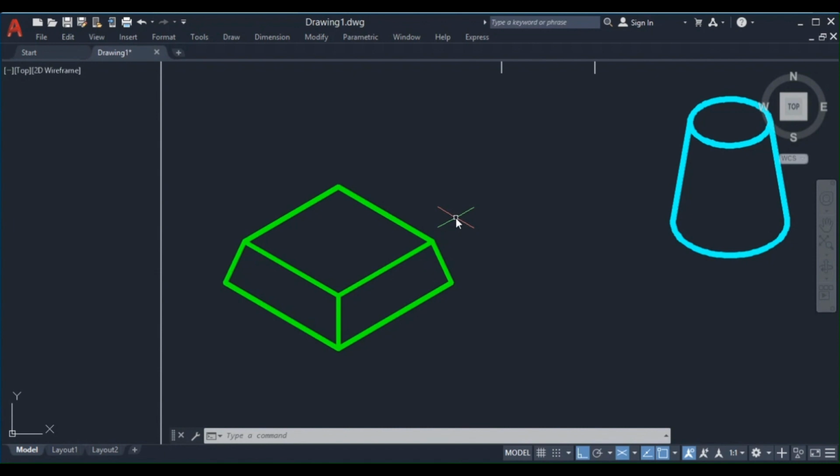Yes, sir. Now, next problem. Draw the isometric view of a frustum of a pentagonal pyramid.